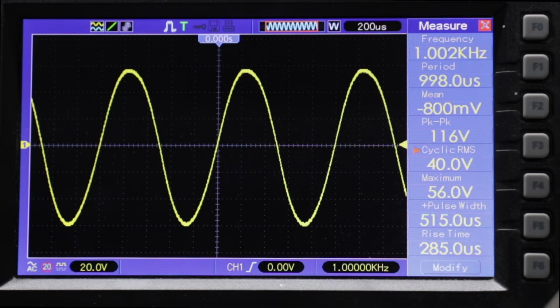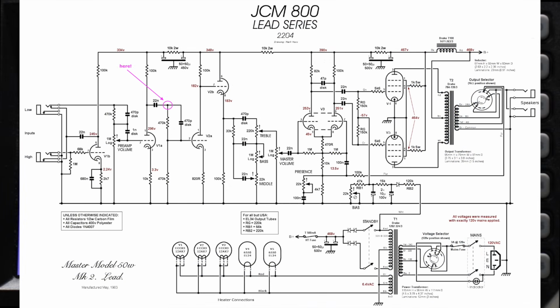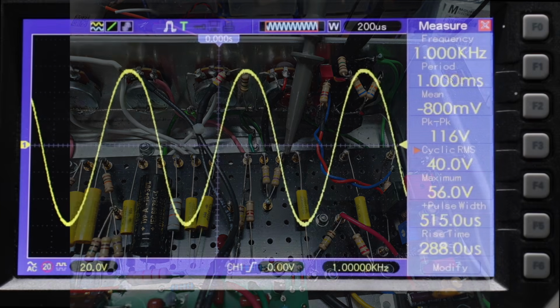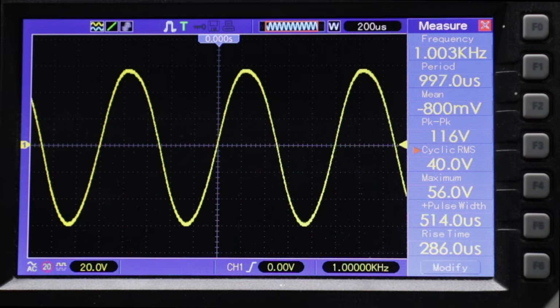So here we are at the bench. I've got the oscilloscope set after the coupling cap on the second gain stage in this DS40, and I've got the structure switch set in the middle of the gain stage scenarios. So it's 3.2K cathode, and you can see here that I'm getting a nice symmetrical sine wave.